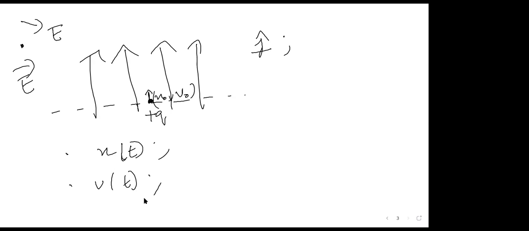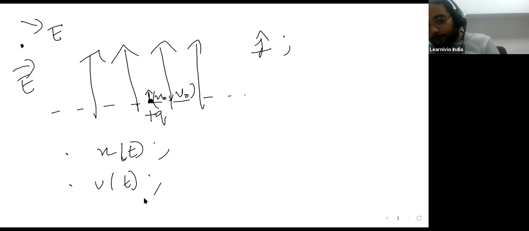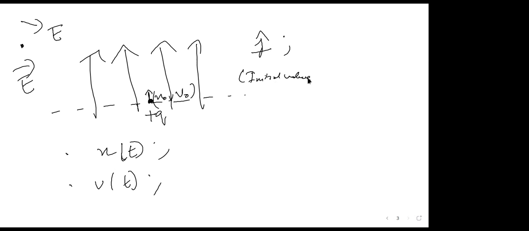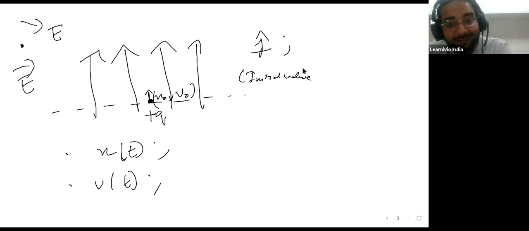Sir, we have to take out the value of v with respect to t and x with respect to t, right? Yes. Such a problem is an example of an initial value problem. You'll hear this term a lot in the future.